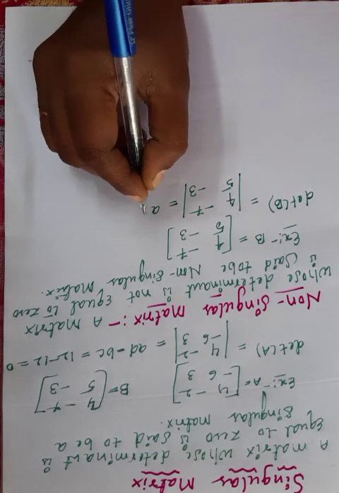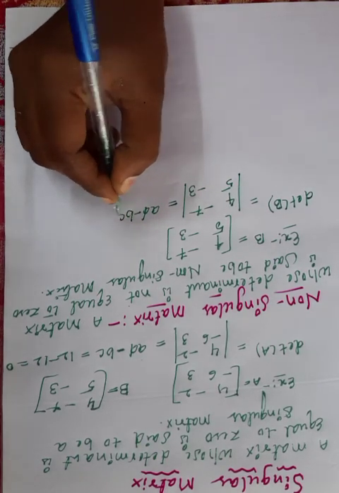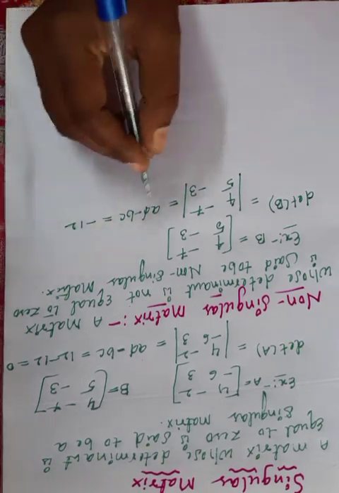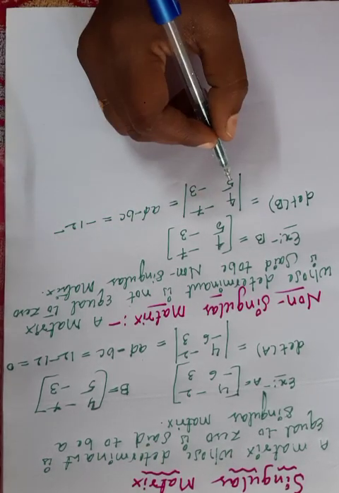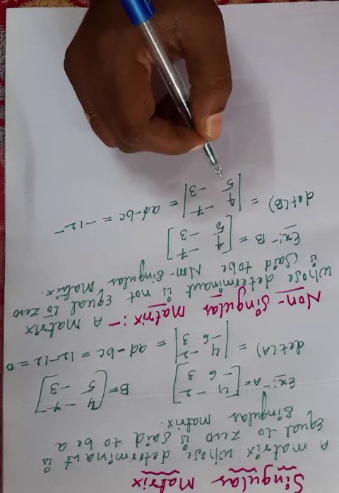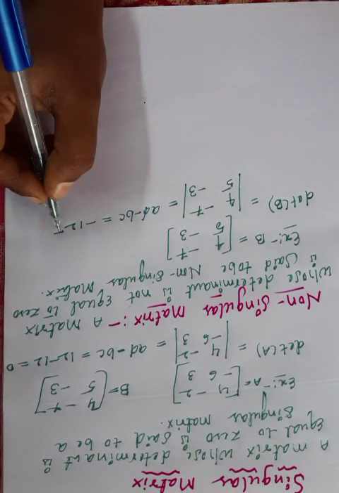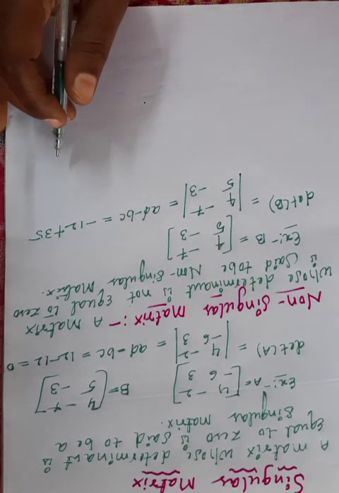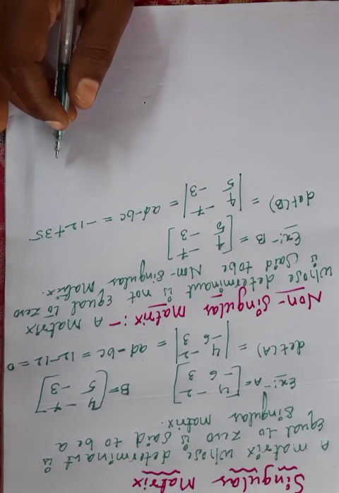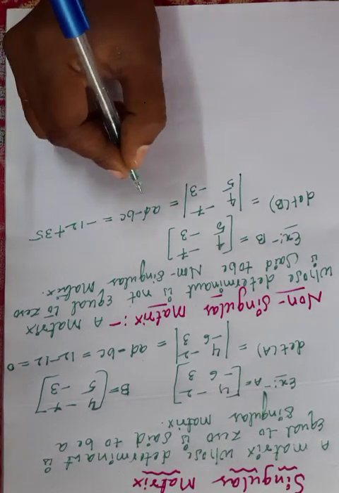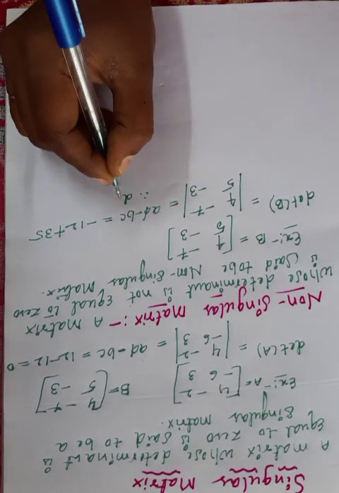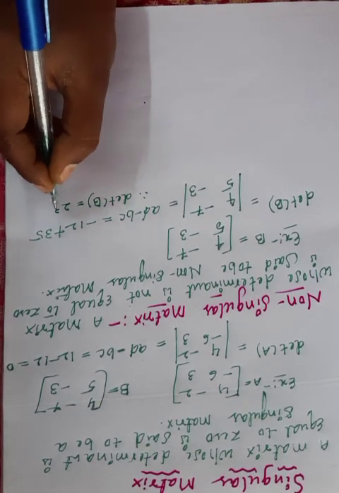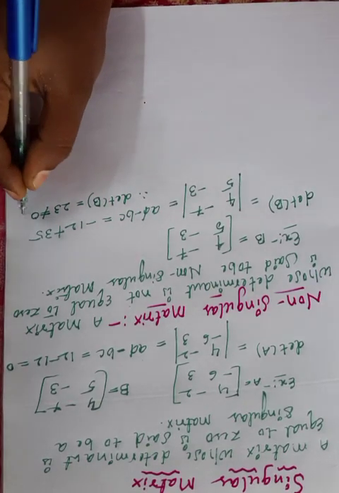Here we should use the same formula AD minus BC. So 4 into minus 3 is minus 12, minus 7 into 5 is minus 35. So minus into minus plus 35. So it will come as 35 minus 12 is 23. Therefore, det B is equal to 23, which is not equal to 0.